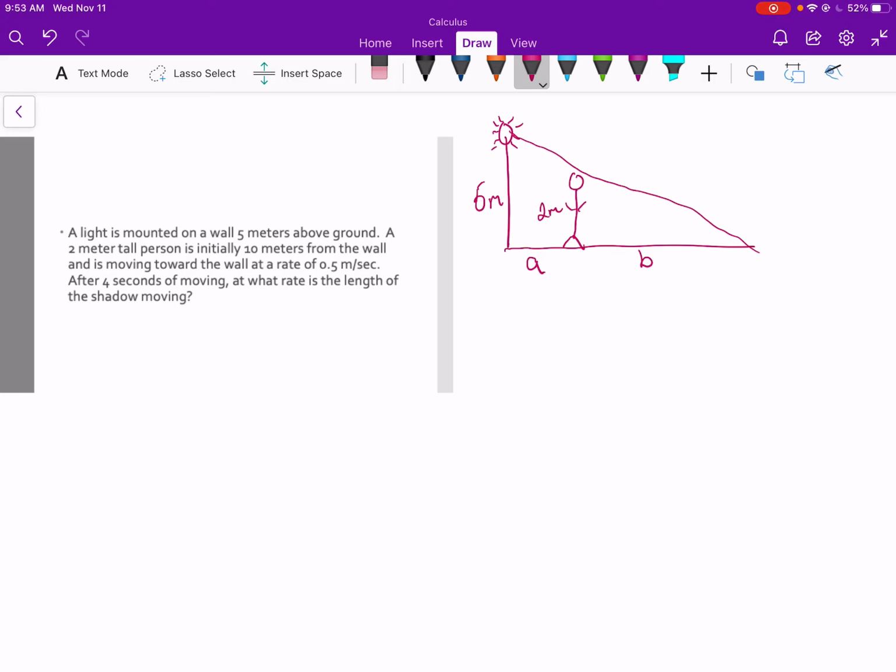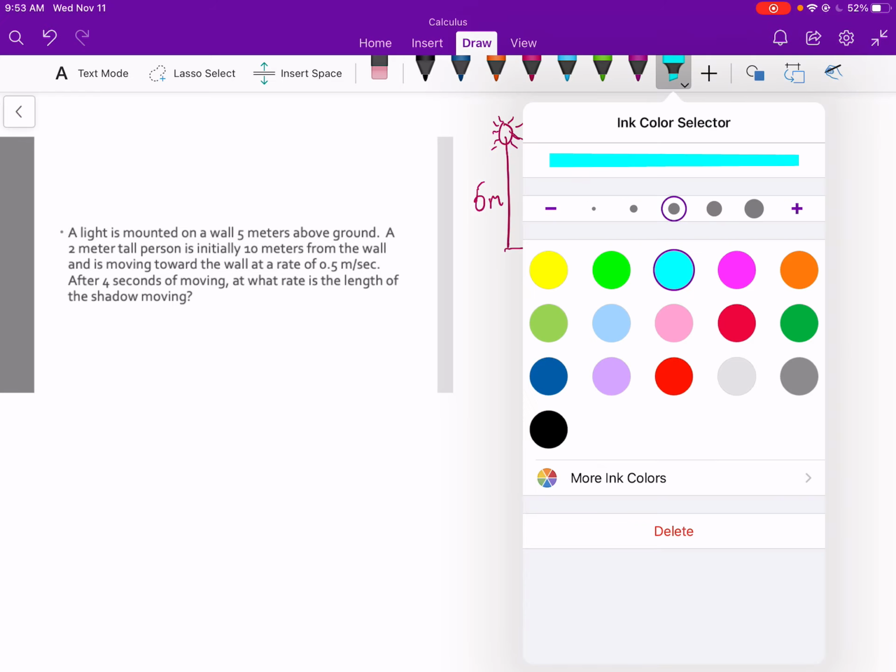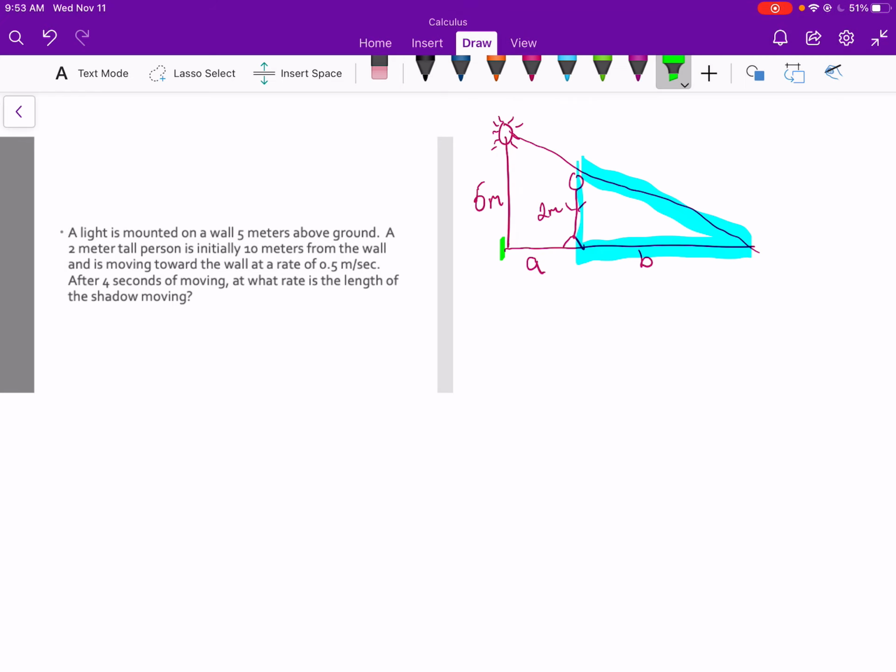So what I see here is two similar triangles. There's one, and here's the other one. So remember, similar triangles, we can write a proportion.